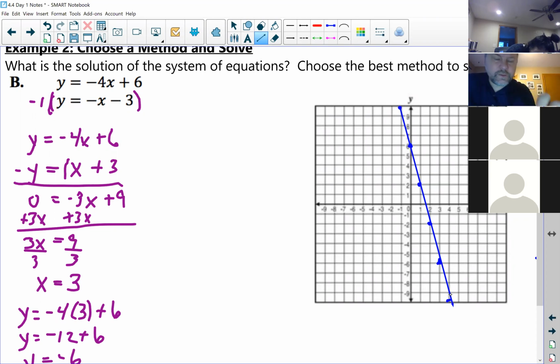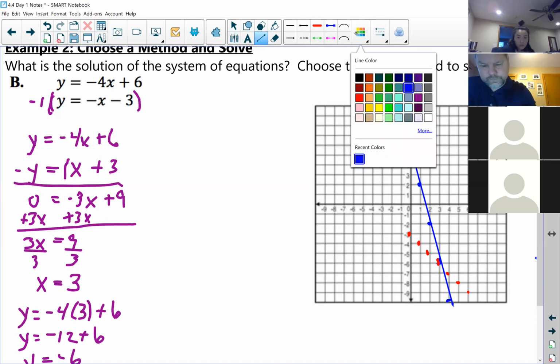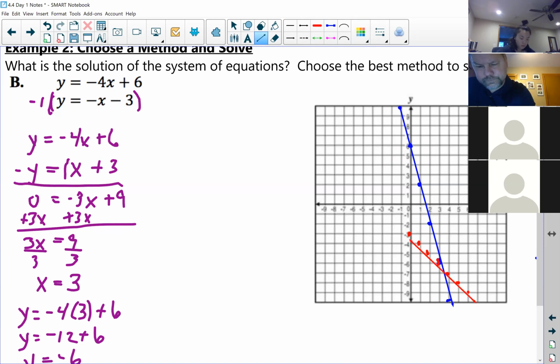Pretty close anyway. And my second equation has a y-intercept of -3 and a slope of -1. There we go.